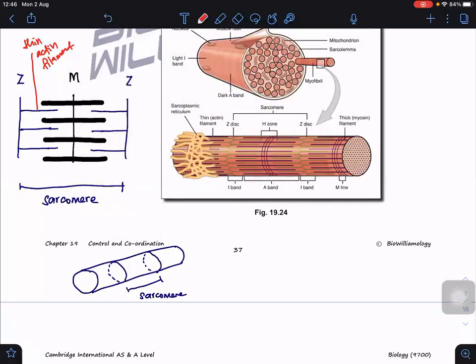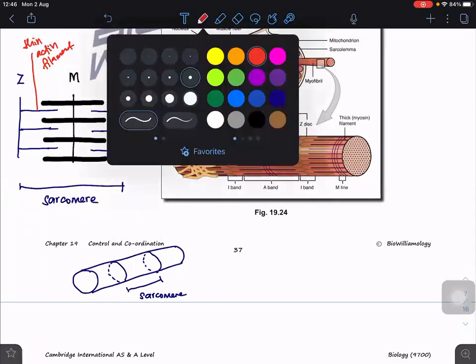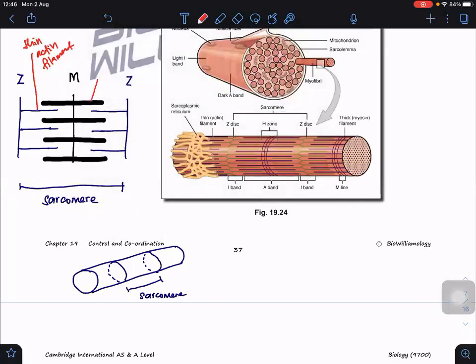So I label here: thick myosin filament. Now, this is one sarcomere. But if I have many sarcomeres joined together, then you're going to see the zones.